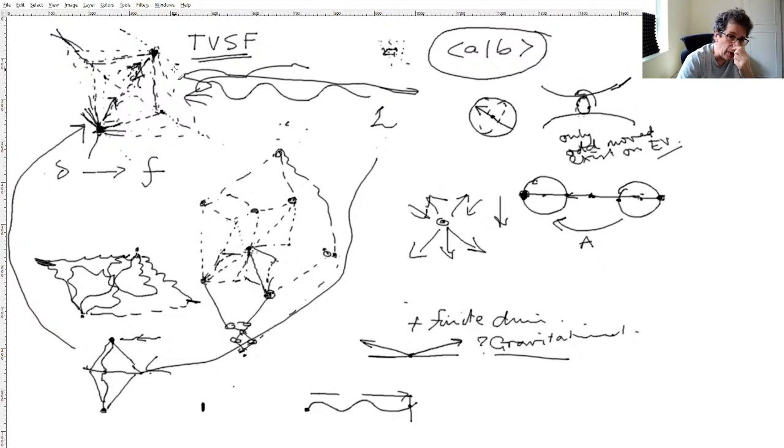And now this is really where the fun starts, because we can start to analyze some systems using this.